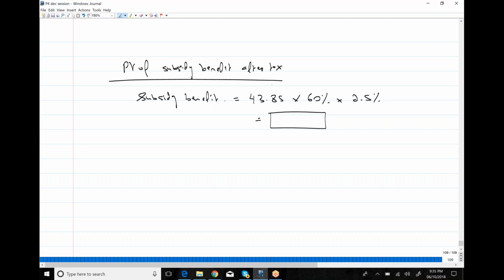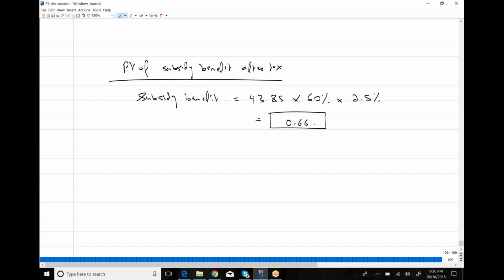Because only on 60% of the loan I will pay interest less than my normal borrowing rate. That is 0.66.